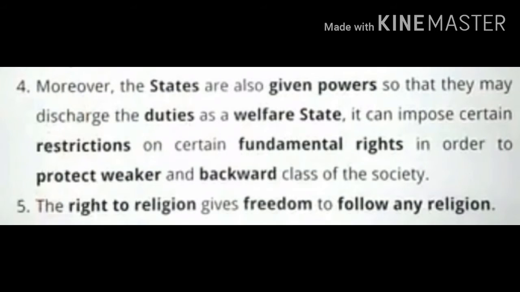The states are also given powers so that they may discharge their duties as a welfare state. It can impose certain restrictions on certain fundamental rights in order to protect the weaker and backward classes of society. The right to religion gives freedom to follow any religion.